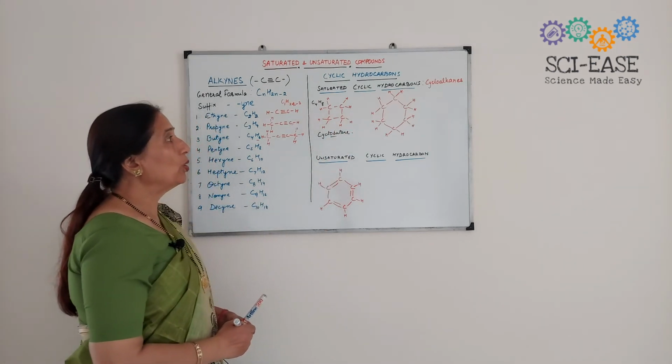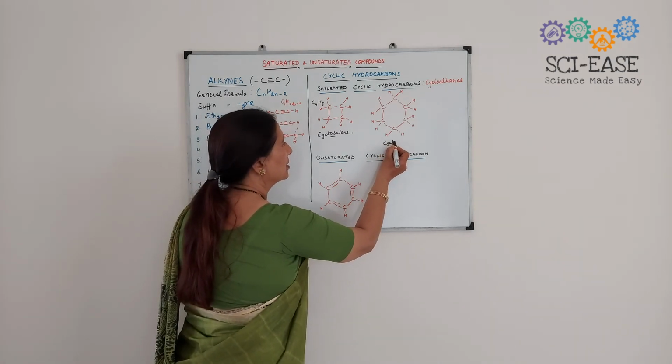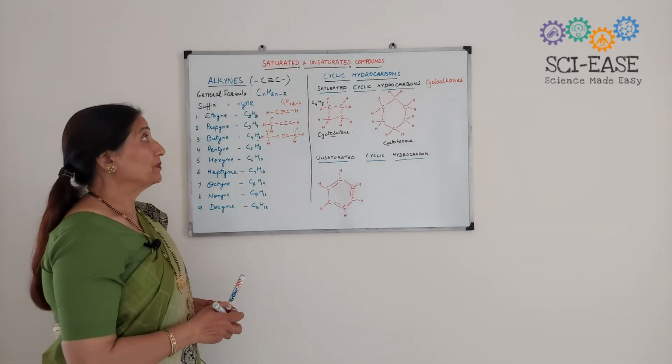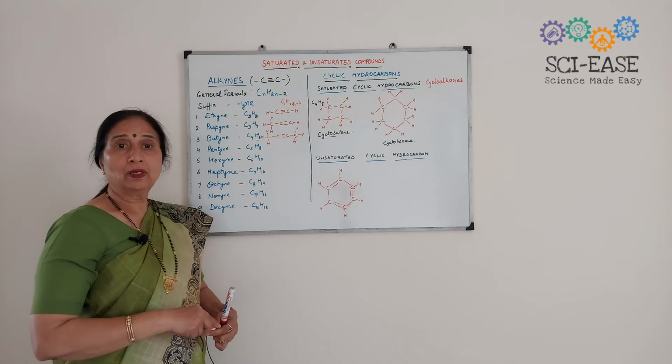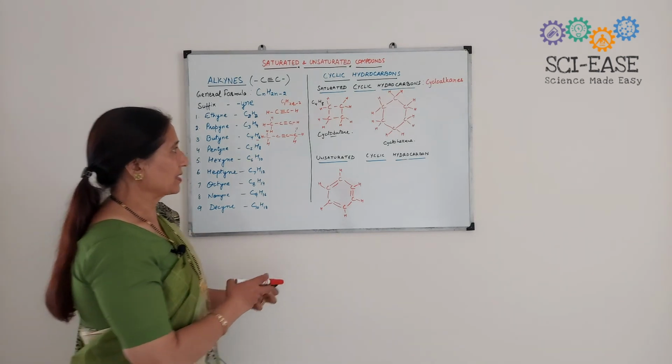It is cyclohexane. The first member of the alkanes which can form a cyclic hydrocarbon is C3H6.